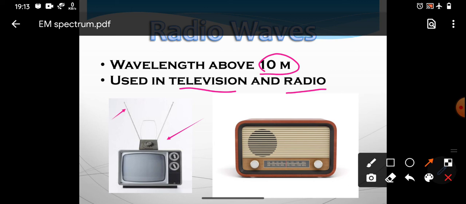These antennas used to detect the radio waves which had been broadcast. This radio also contains a particular antenna. If you have seen, there is an antenna like this. This antenna also catches the radio waves which are broadcast through the radio channels.